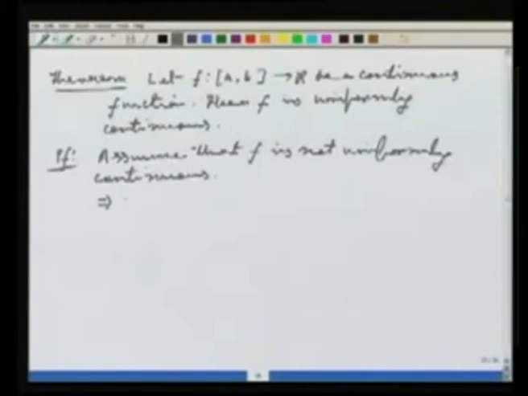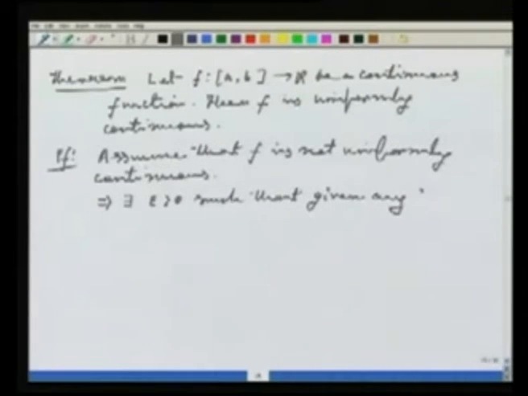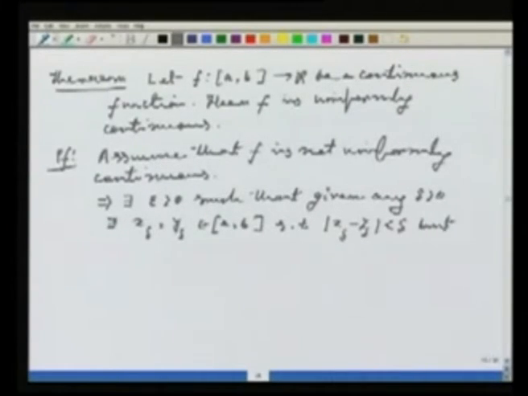It implies there exists epsilon bigger than 0 such that given any delta bigger than 0, there exist 2 points which I will call x delta and y delta in the closed interval [a, b] such that mod of x delta minus y delta is less than delta, but modulus f of x delta minus f of y delta is bigger than or equal to epsilon.